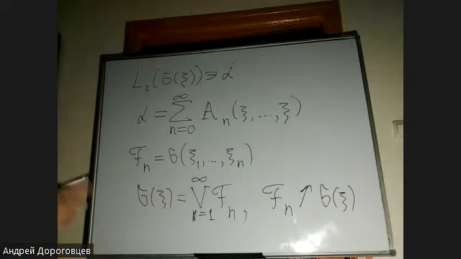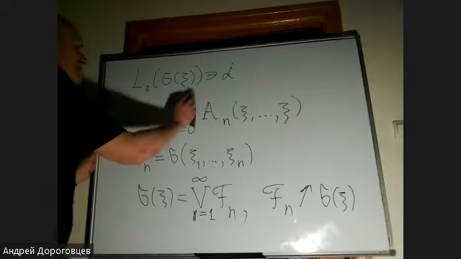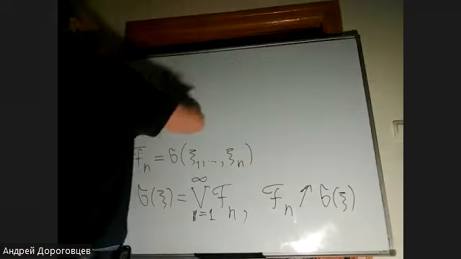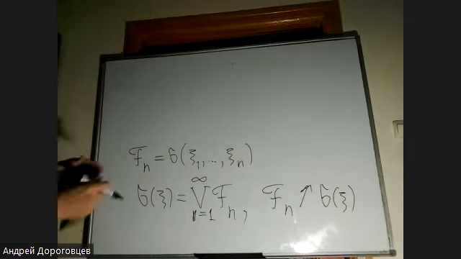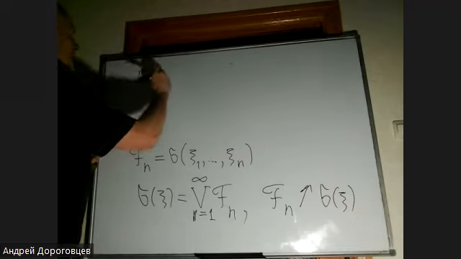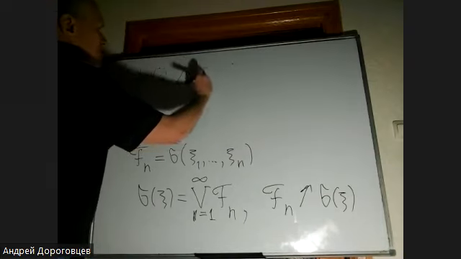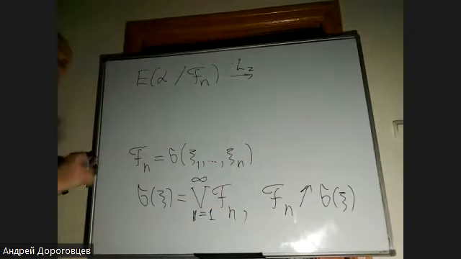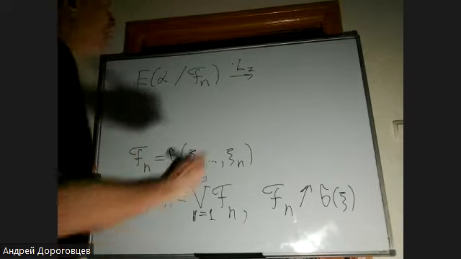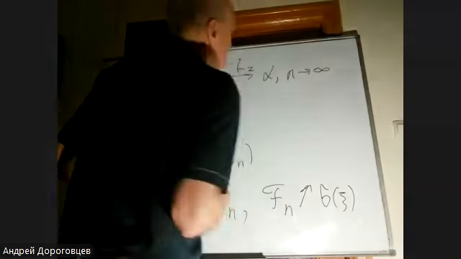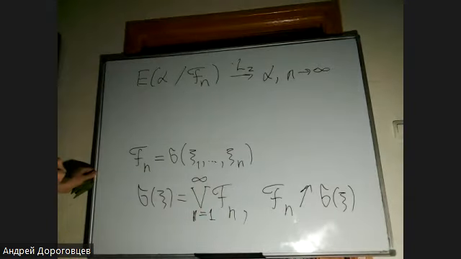Exactly under this condition, one can recall the Levy theorem, which says that the conditional expectation of alpha with respect to F_n converges. It converges in different senses because it is a closed martingale, but we need convergence in L2 as n tends to infinity.